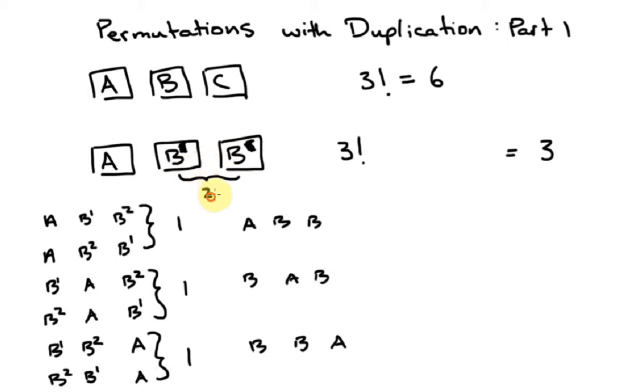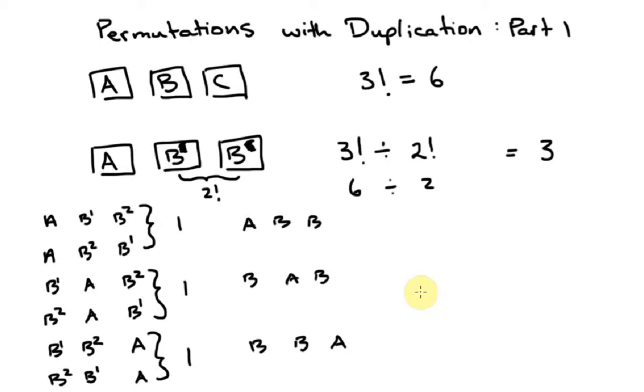There would be 2 factorial ways to rearrange the 2 B cards. So we have to divide 3 factorial by however many ways we can flip these duplicate cards around. 3 factorial divided by 2 factorial is the same as saying 6 divided by 2. We get the right answer.